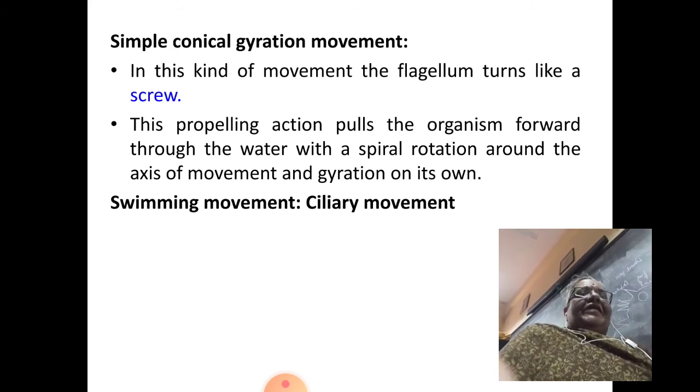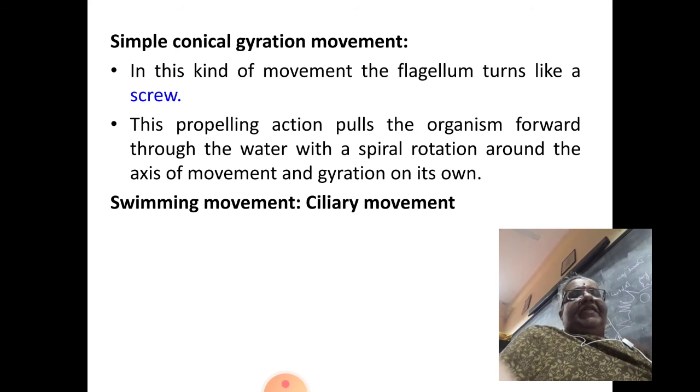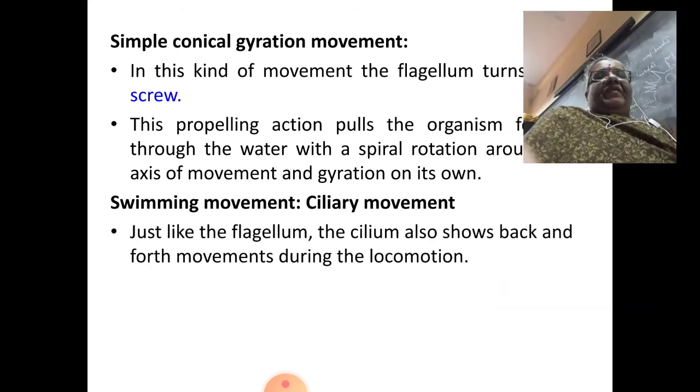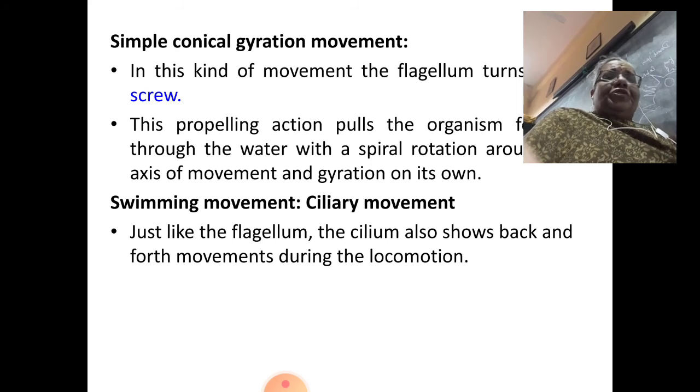Now, we shall understand one more type of swimming movement, brought about by cilia, and this is known as ciliary movement. Just like flagellum, the cilium also shows back and forth movements during the locomotion.